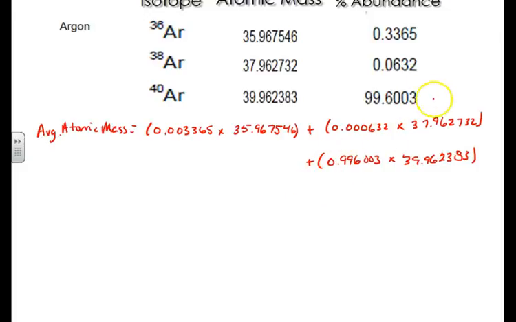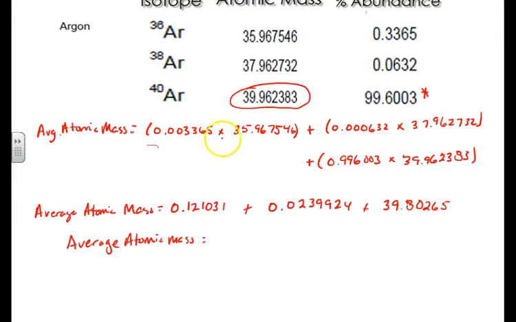And you can see this one, 99%. We would expect our average to be very close to this number, because 99, almost 100%, only 0.4% actually is going to be some other mass other than this one.